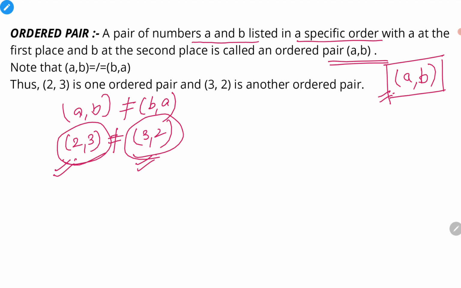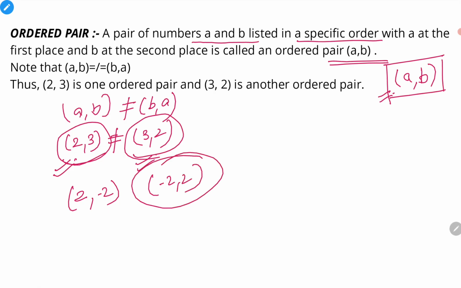Okay, the same goes with the negative numbers. Like if 2 comma minus 2 is written, you can't write it like minus 2 comma 2. This is a different point, this is a different point. Okay, these two are not equal. If the numbers are reversed, or the negative of the same number is there, they are different.